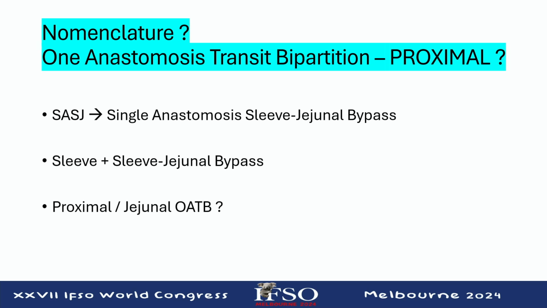So if you look at the nomenclature, SASJ, as it's known commonly, is the single anastomosis sleeve jejunal bypass, just like the SASI, which is single anastomosis sleeve ileal bypass. And so this could be a form of one anastomosis transit with a bipartition, whether you have it proximal on the jejunum or you have the distal one on the ileum.